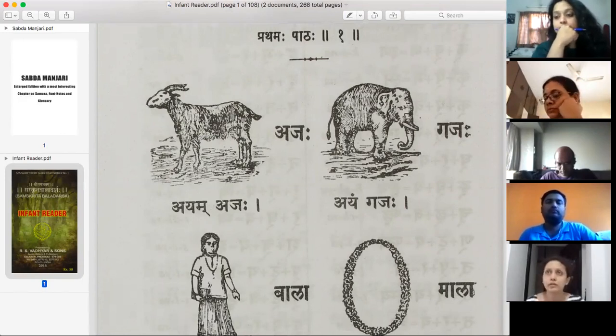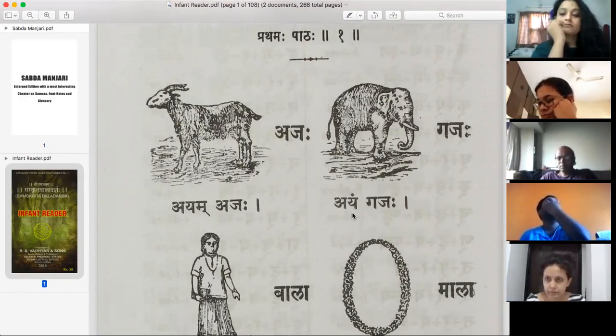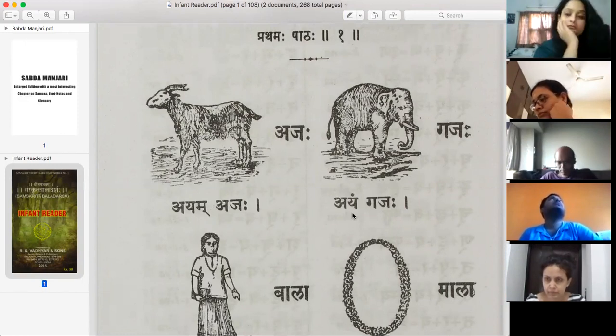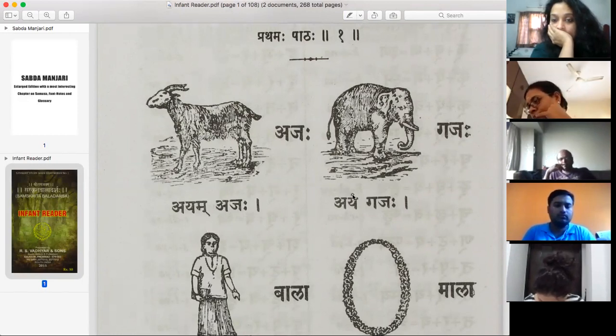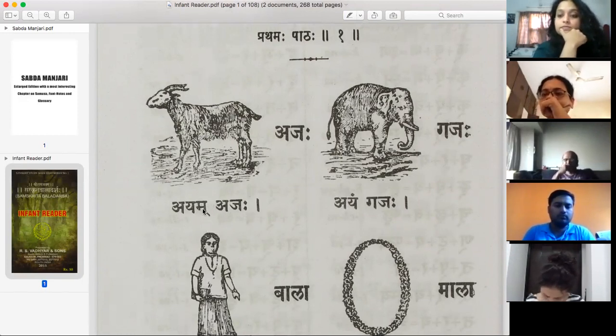Swamiji, why is ayam spelled differently here? Yeah, it is actually spelled the same way but written differently. So the rule is when you have a vowel following the anuswara, following a makara. Makara means a consonant without a vowel.